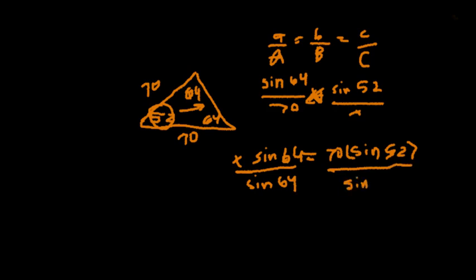And so if you were to put this equation into a calculator, 70 times sine 52 divided by sine 64, we would get that side length is 61.37, or x equals 61.37.